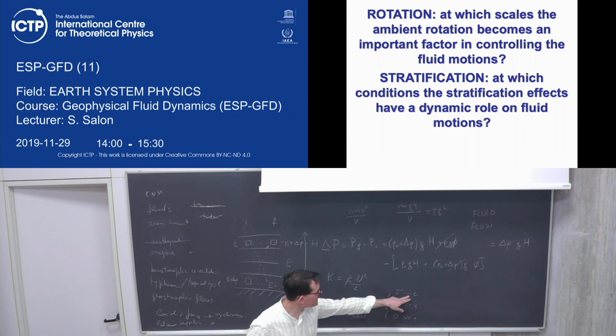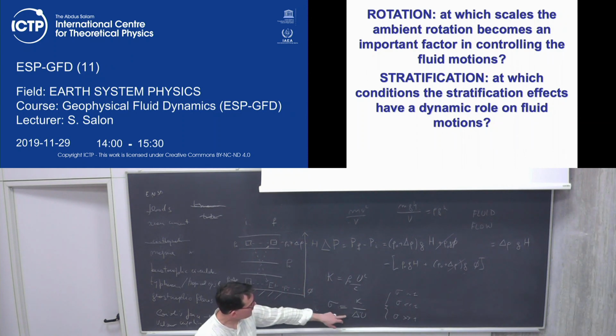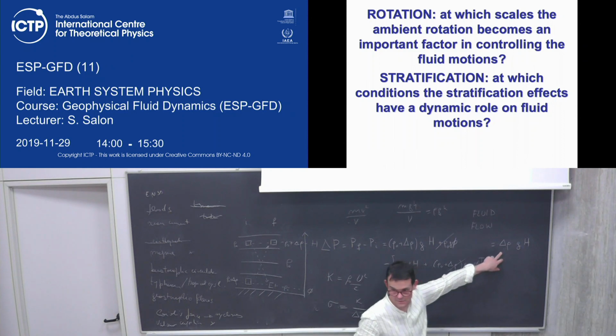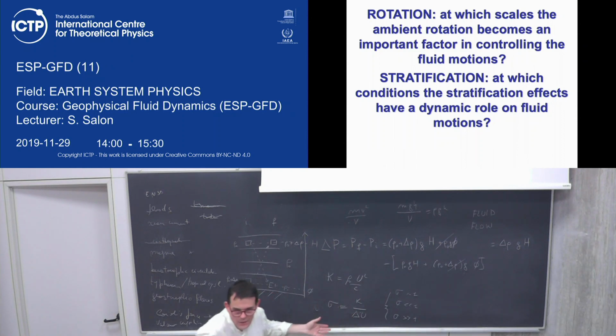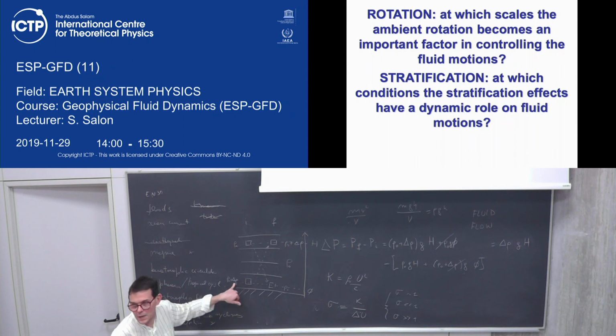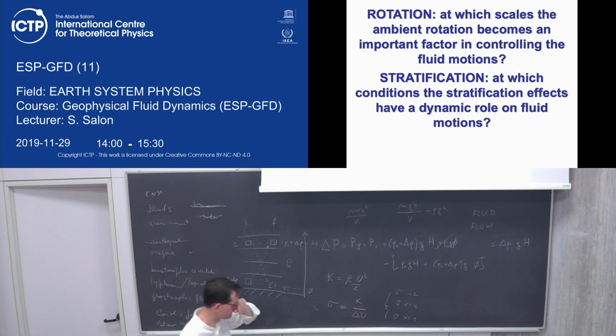So if I have sigma of order 1, it means that if I want to change the stratification, because this is the potential energy, which is related to the density variation, which actually describes the stratification, because if I have delta rho equal to 0, I have no stratification, I have homogeneous flow.